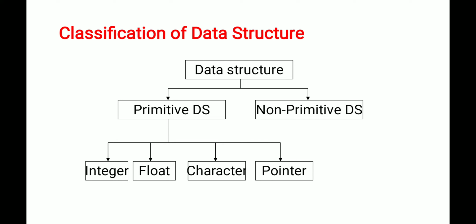If you want to store the ID, we use an integer. If you want to store a single gender, we use a character. If you want to store a single mark, we use float. So to store a single value in computer memory, we can use the primitive data structure.